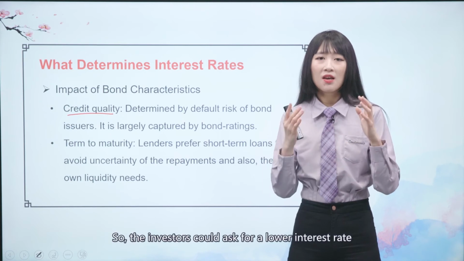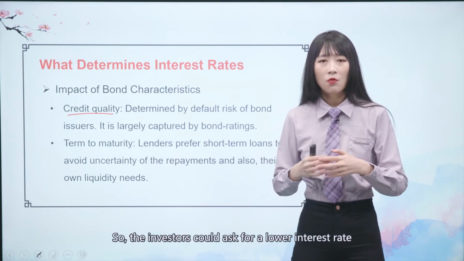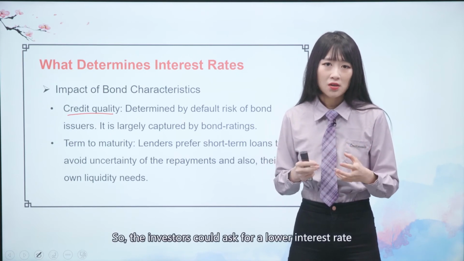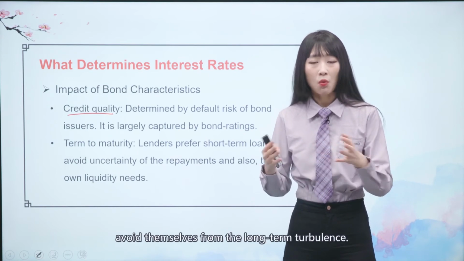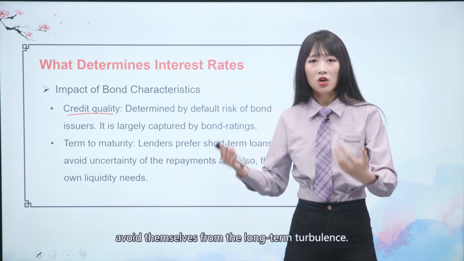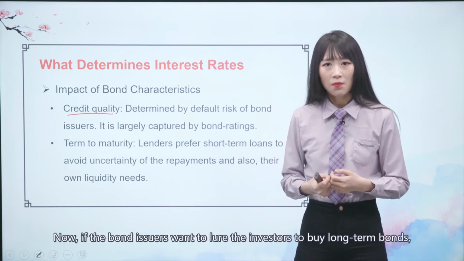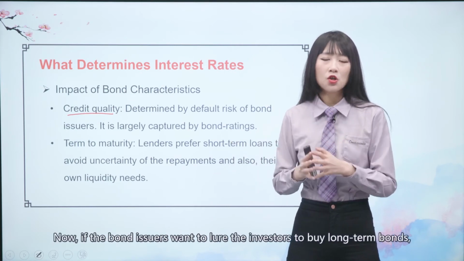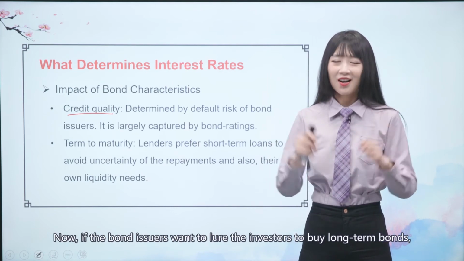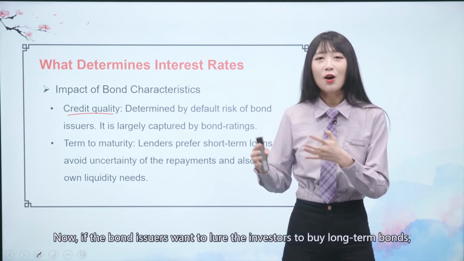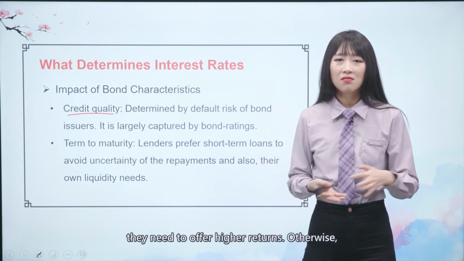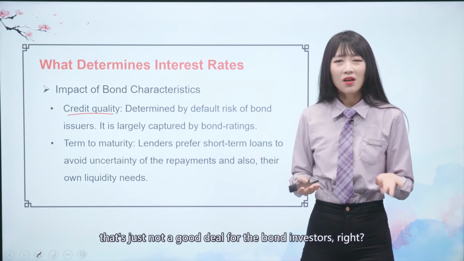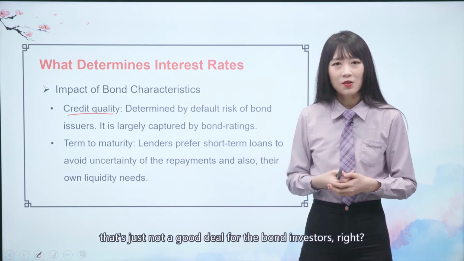So the investors could ask for a lower interest rate if they decide to invest in the short-term bond to avoid the long-term turbulence. Now, if the bond issuers want to lure the investors to buy long-term bonds, they need to offer higher returns. Otherwise, that's just not a good deal for the bond investors, right?